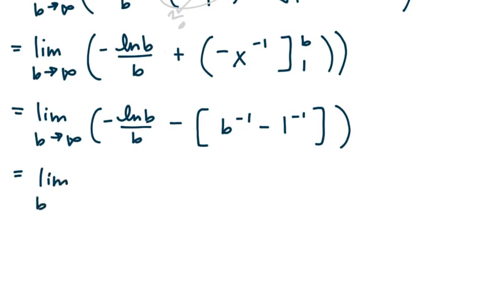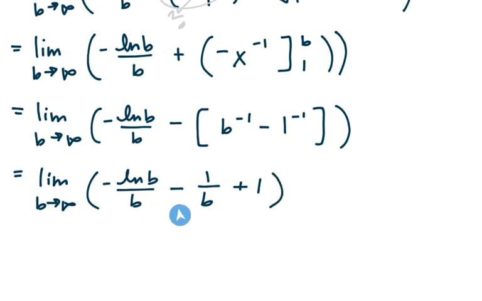I've got the limit as b goes to infinity of negative natural log of b over b minus 1 over b, and then minus a negative, that becomes 1 over 1, which is plus 1. At this point, we've found the value of our integral, and we need to evaluate this limit as b approaches positive infinity. So 1 over infinity is going to go to 0.